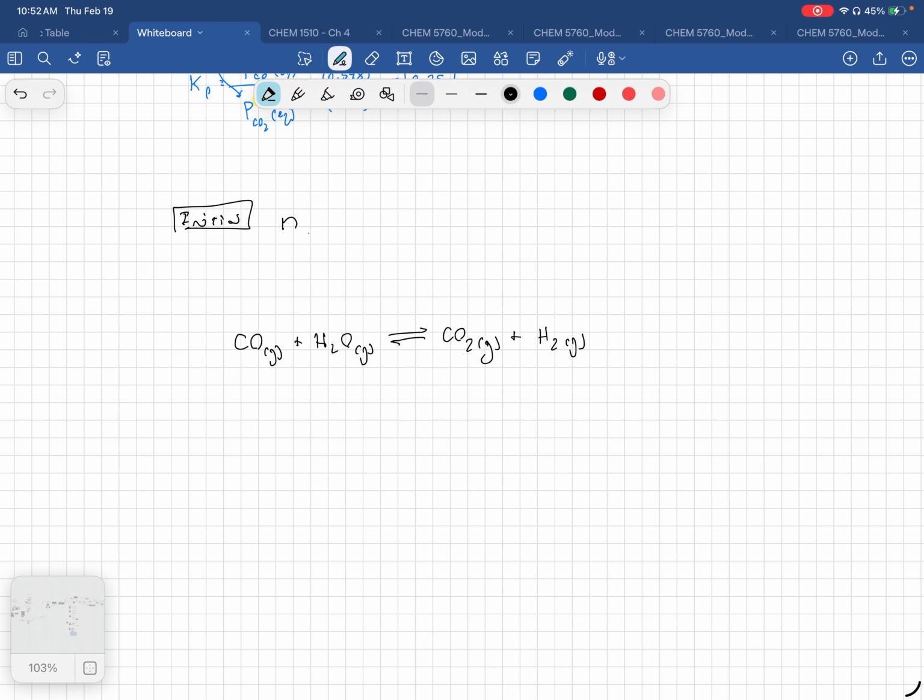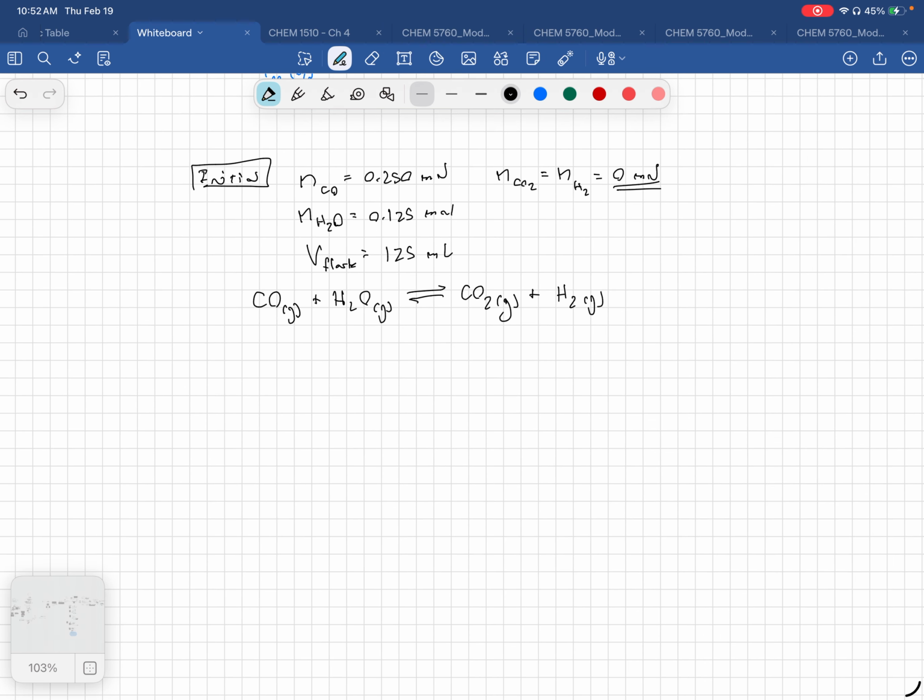And we're given our initial conditions: our moles of CO, 0.250, our moles of H2O, 0.125 moles, and the volume of our flask is 125 mL. Note our moles of CO2 and our moles of H2 are 0. We were not given that information, therefore we must assume that there is none.